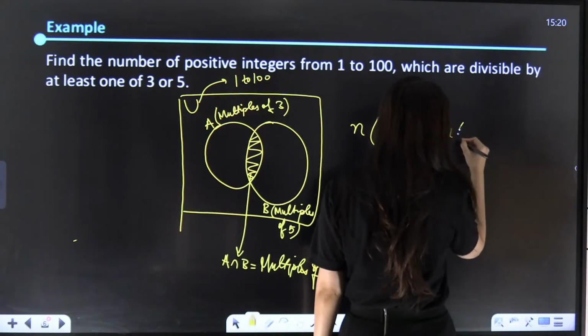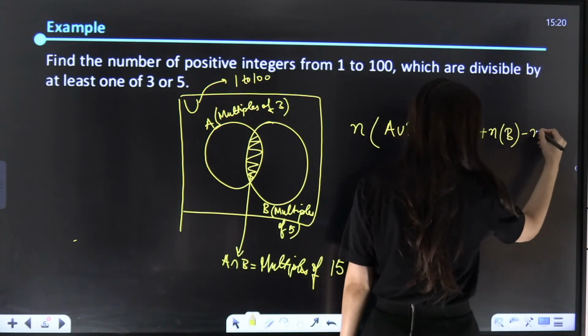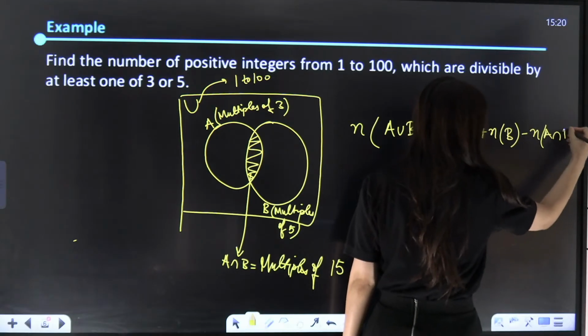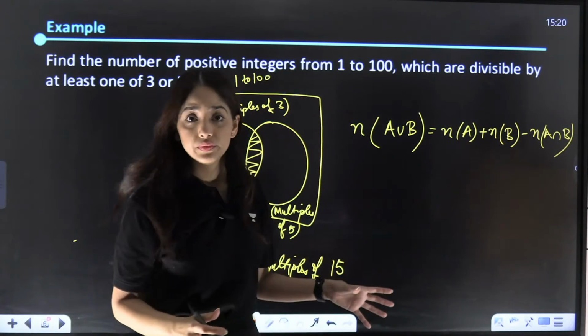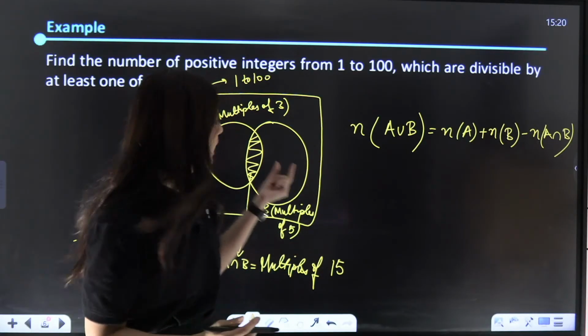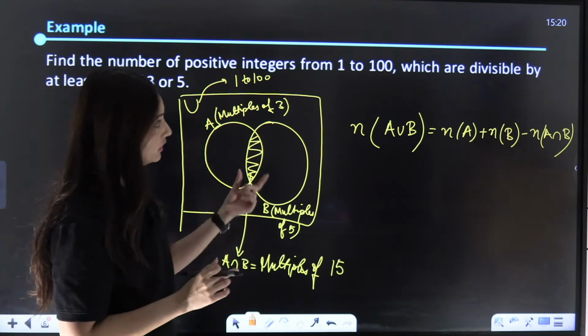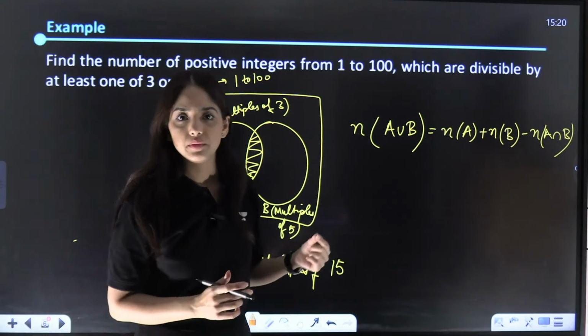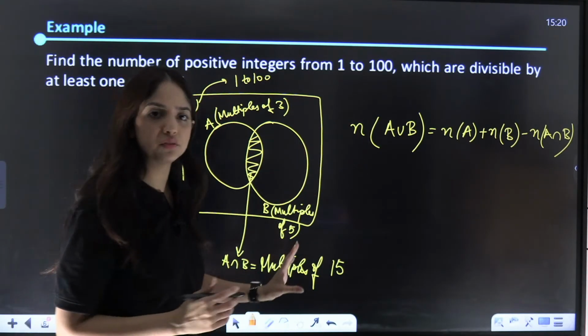That is equal to n of A plus n of B minus n of A intersection B. Correct? Now, what is n of A? n of A is how many multiples of 3 are there from 1 to 100.